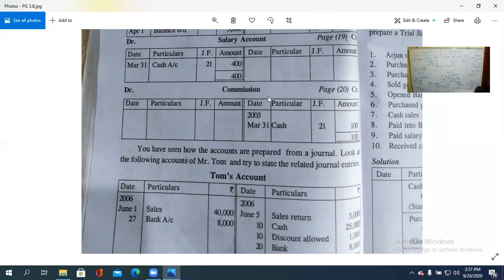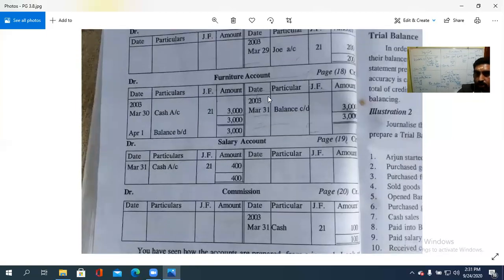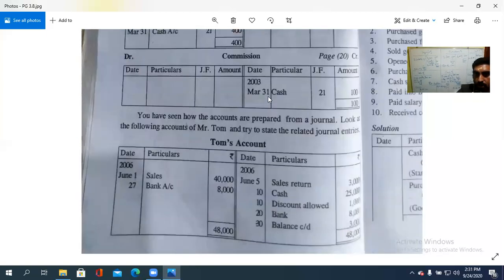Look at the following accounts of Mr. Trom and try to state the related journal entries. So this is the case. Look, we prepare from those journal entries several accounts. How many accounts? TG's account, purchase account, sales returns account, furniture account, salary account, cash account, purchase returns account, commission account, and Joey's account.